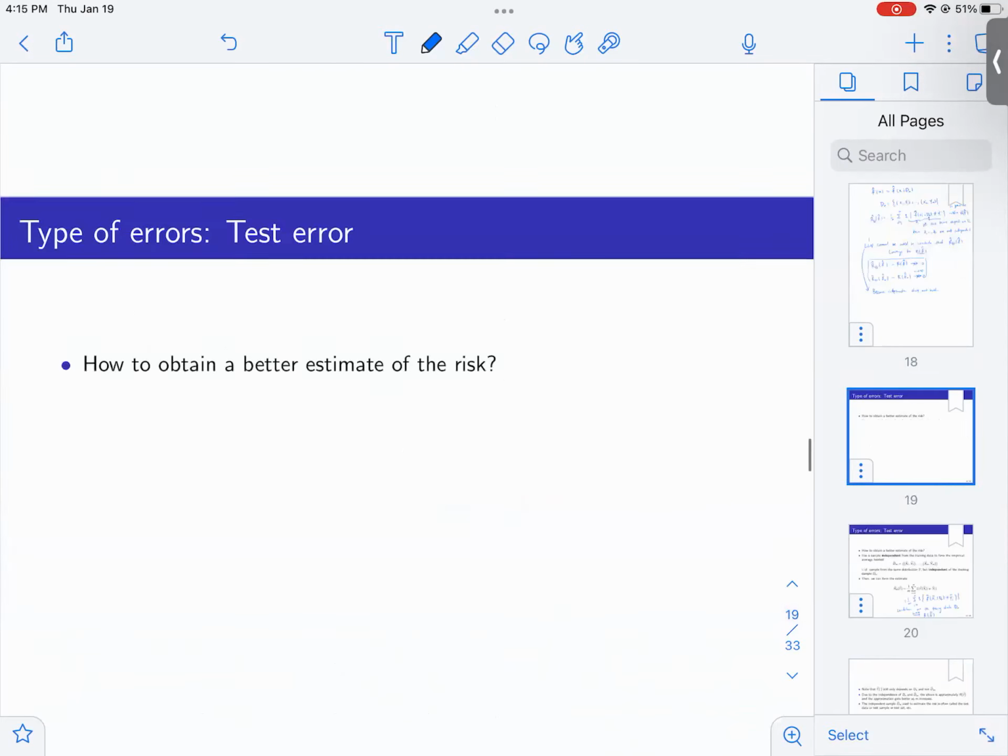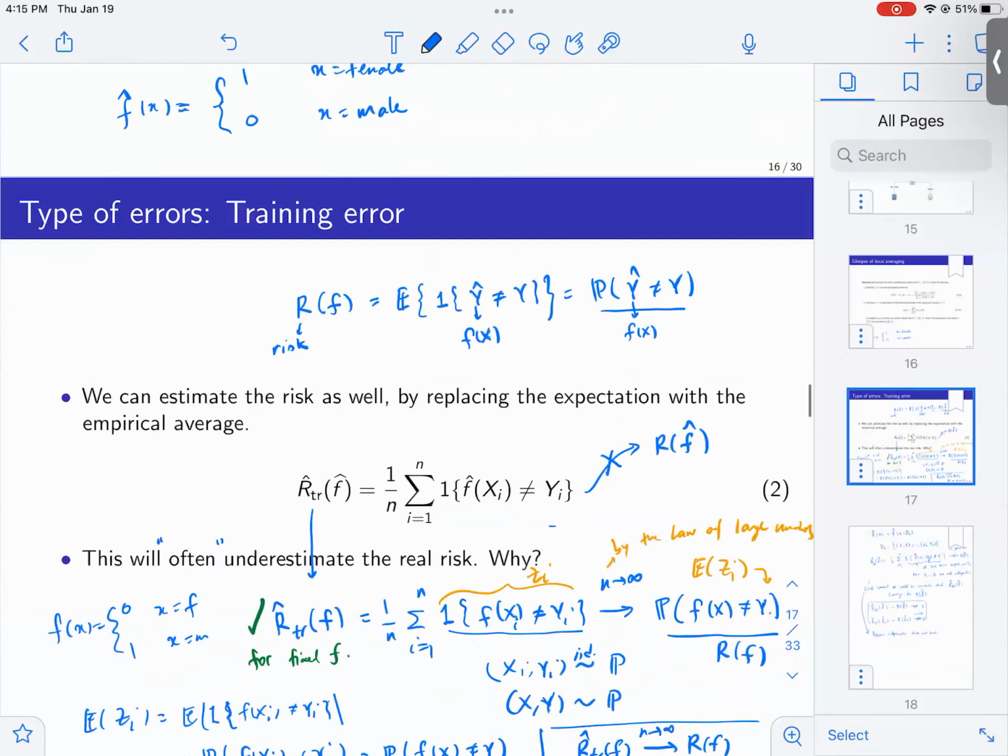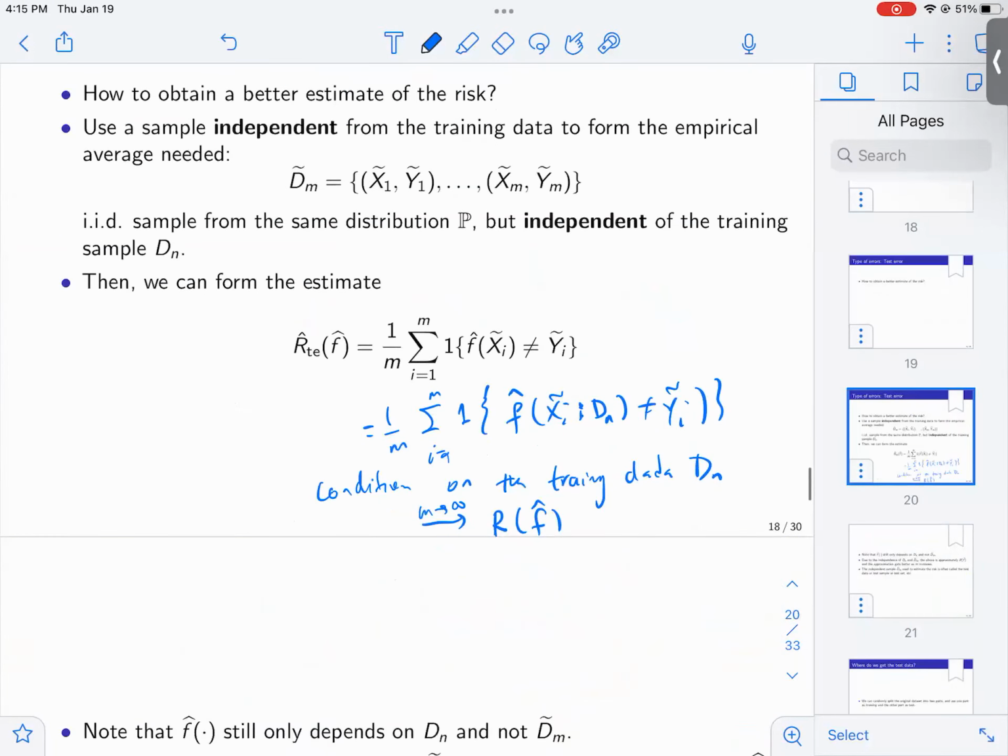It's like the case I mentioned: if you have a fixed function, then this is going to converge because your samples are independent. Once I condition on the training, if the size of the test set starts to grow to infinity, because my rule is fixed by the training data, I can now use the law of large numbers conditional on the training data, and this converges to what I want.